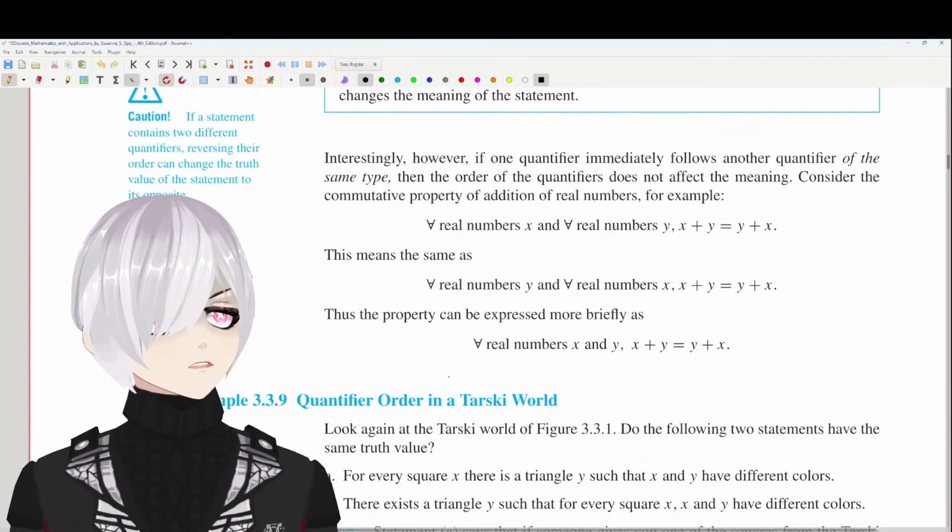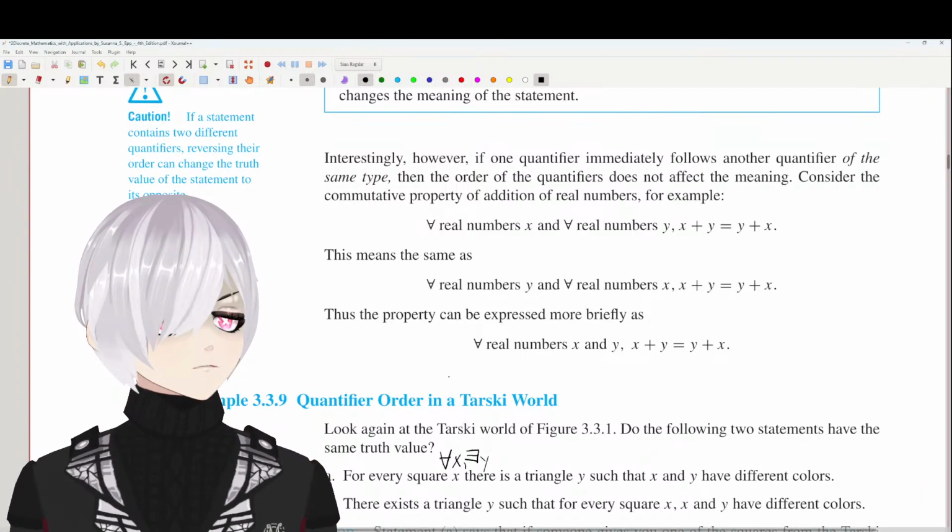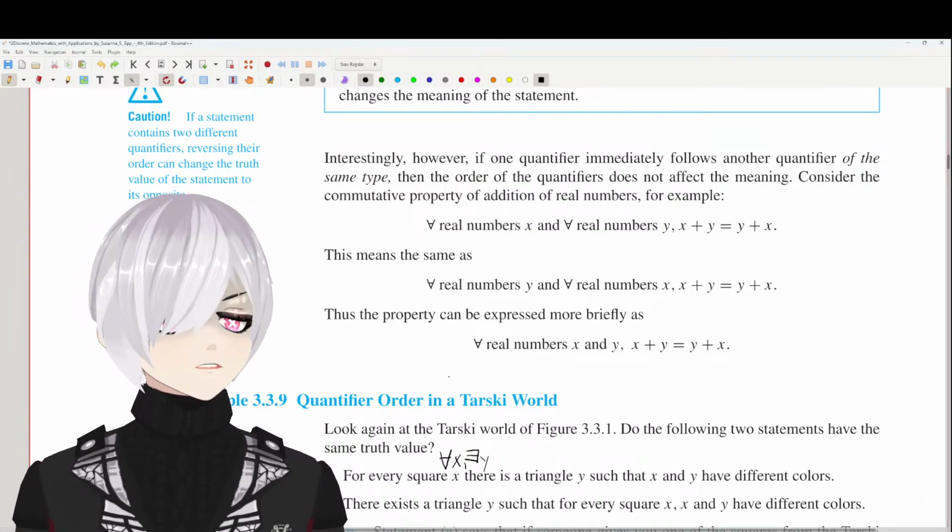So one is saying for every square, there exists a triangle y.